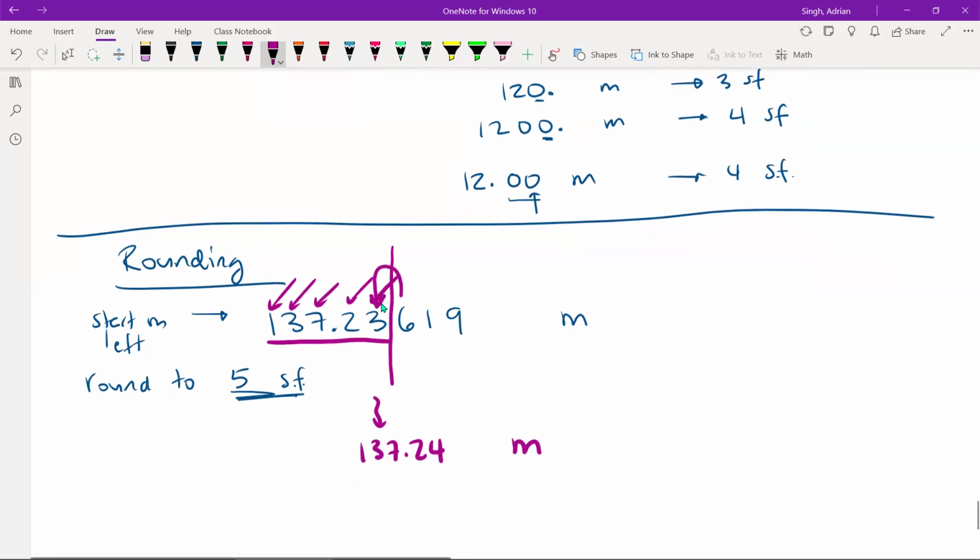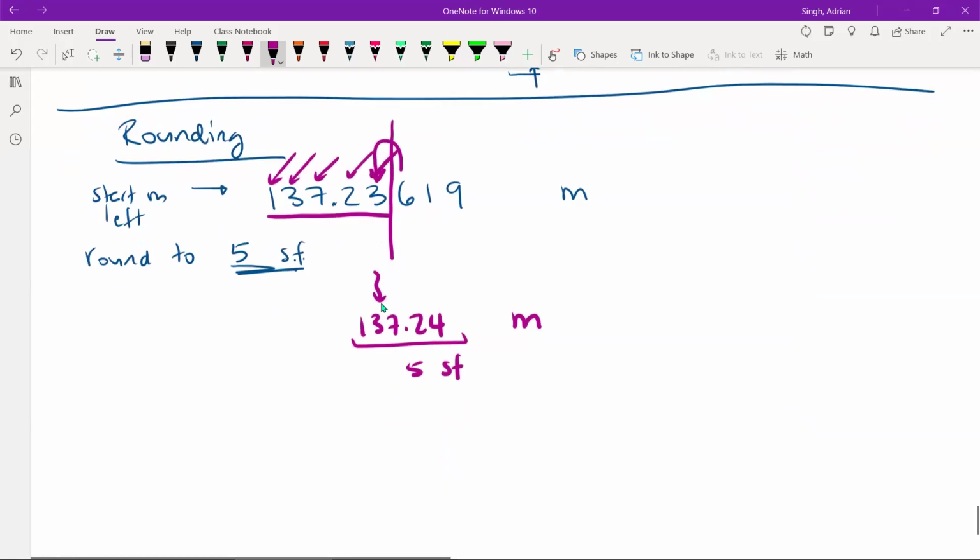This has 5 significant figures. Start at the left, work your way across, get to the correct number of sig figs, and look at the next digit. Is it 5 or above? We round the previous digit up by 1, and then just drop the remaining digits.